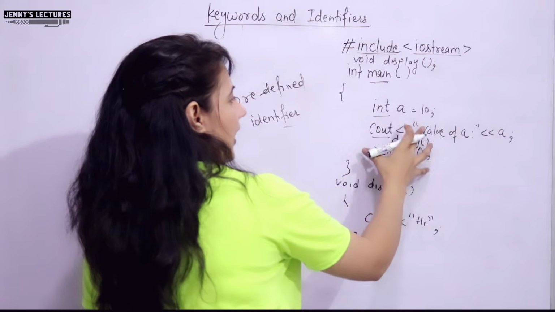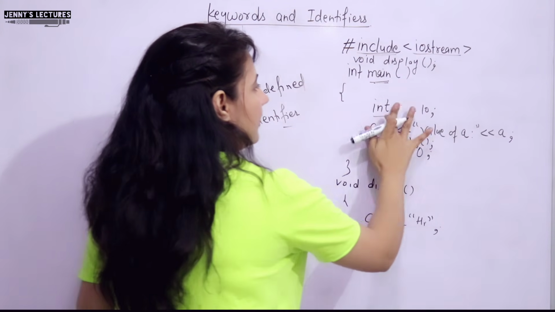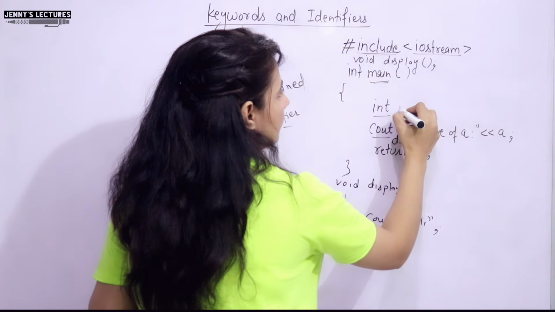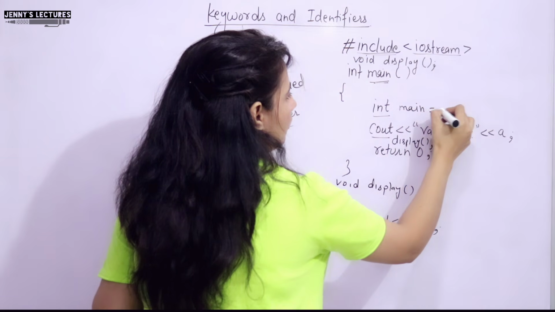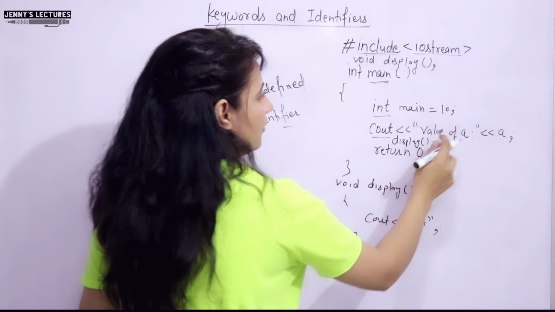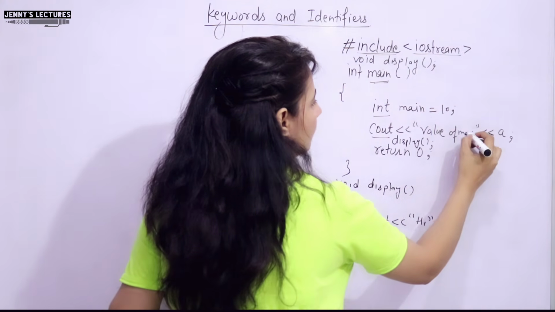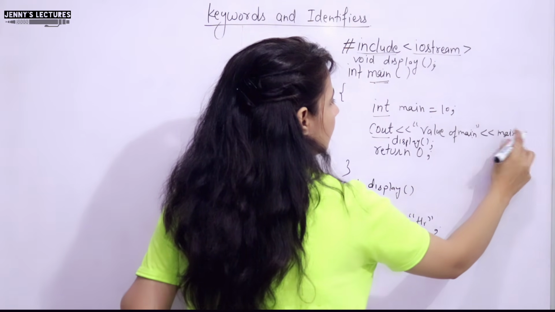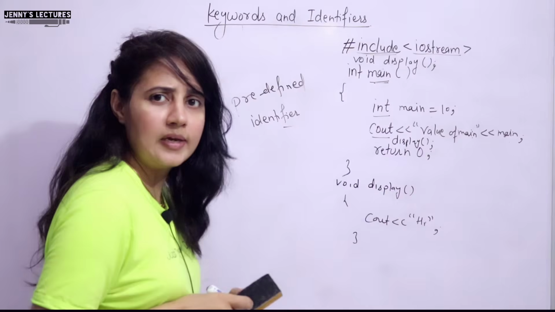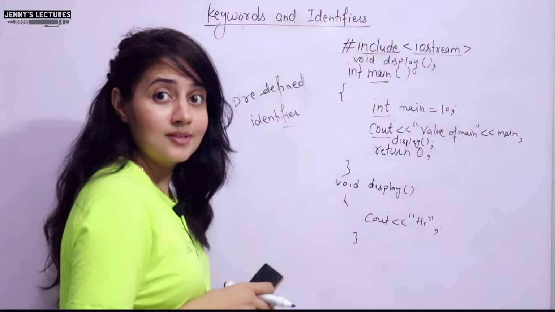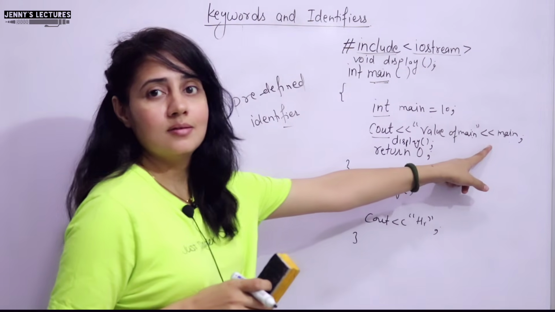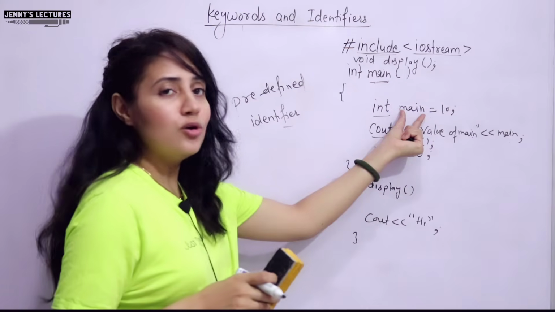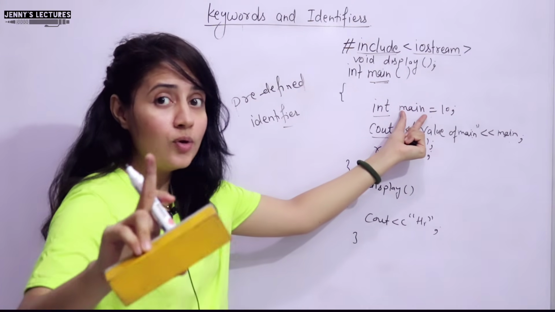So see, if I write in my program, rather than a, if I write int main equal to 10, and if I print the value of main, what output do you think you will get here? You will get 10. Yes, main is not a keyword. Keywords are reserved words.